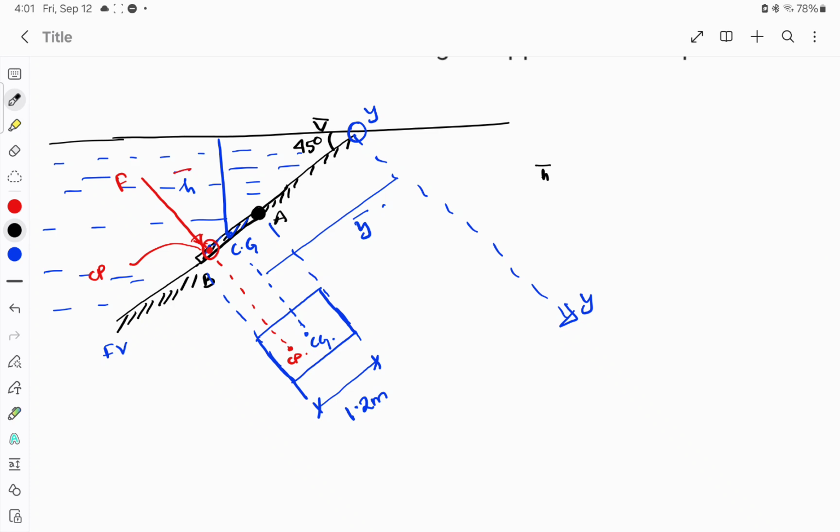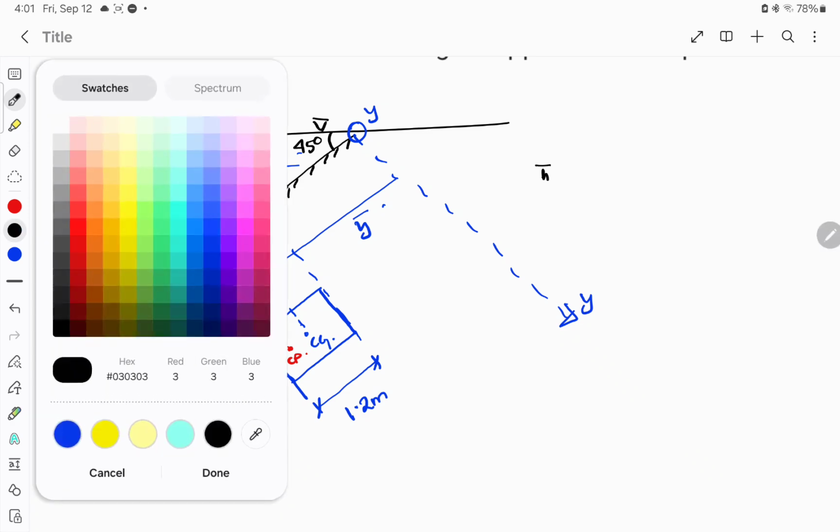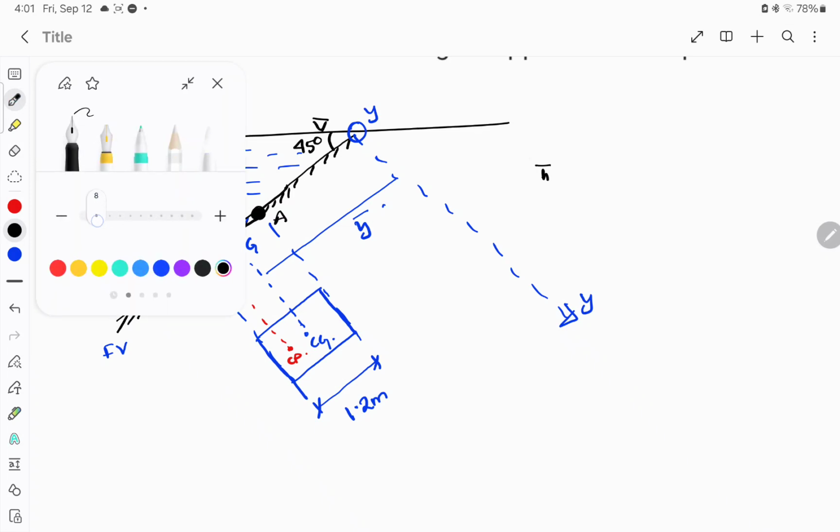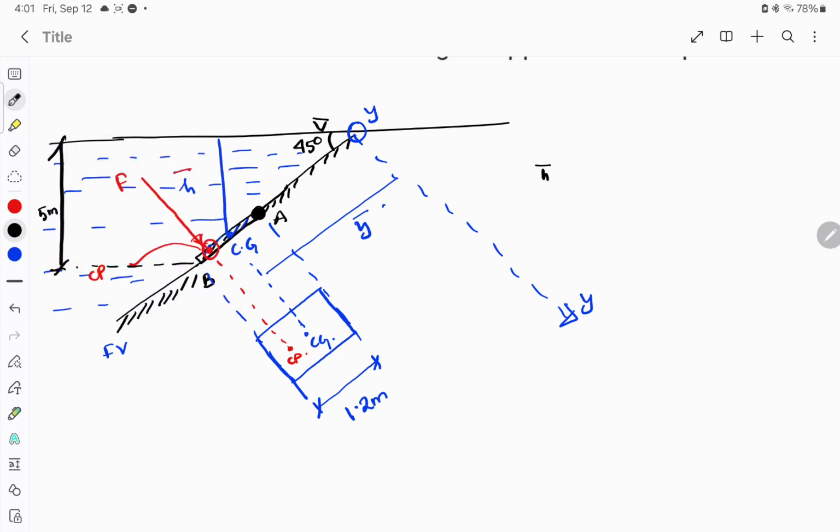One more thing given here was this distance, the distance of B from the top level was 5 meters. So we need h bar. So subtracting something from 5 will give h bar. What do we have to subtract? This part, how will this part be found?